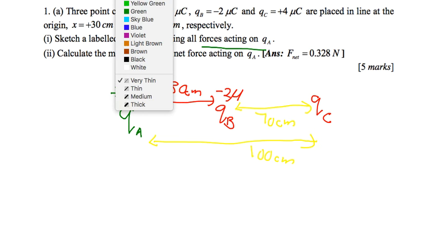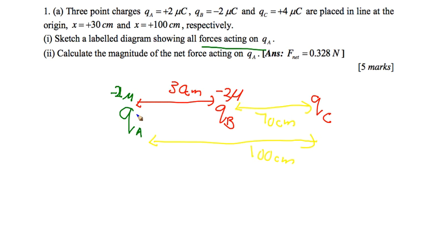So to find the force on the QA, the first force comes from the QB. So the force by the QB on the QA, because the QA is positive and this is negative, the force is attractive, meaning the force BA is to the left, right?